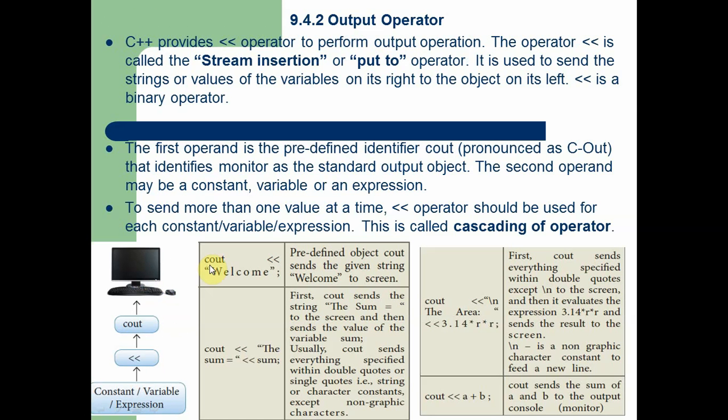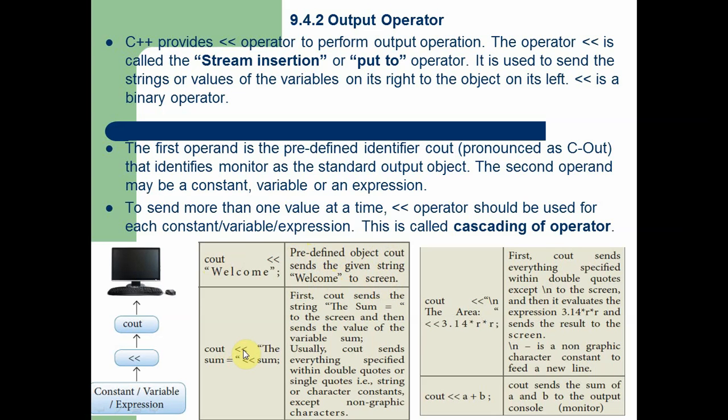Here you can see an example: cout put-to operator "welcome". The right side value is welcome, which is transferred to cout. From cout, it is transferred to the monitor. So the predefined object cout sends the given string welcome to the screen.